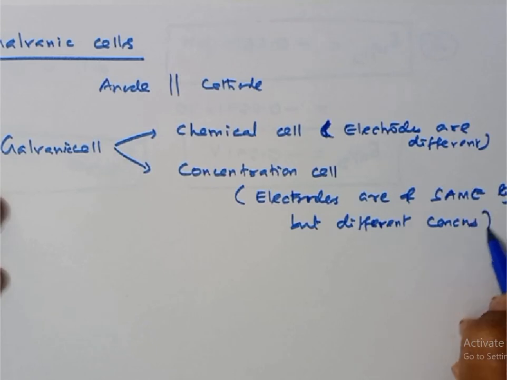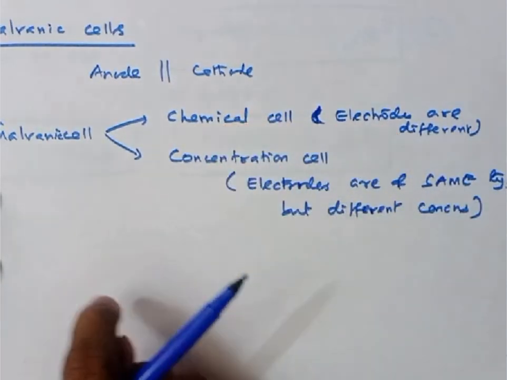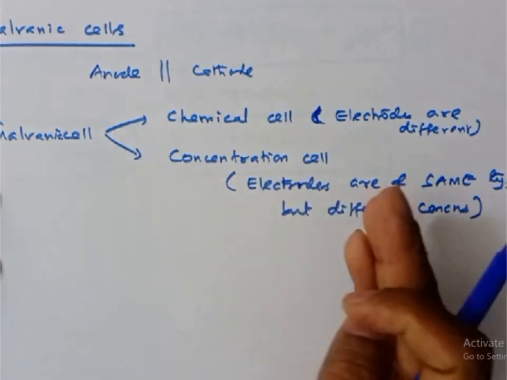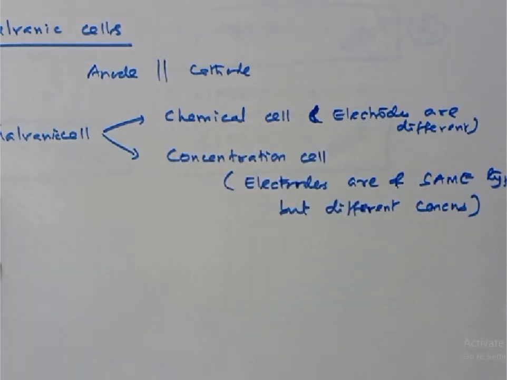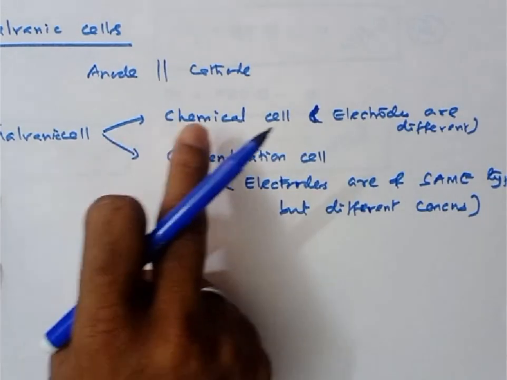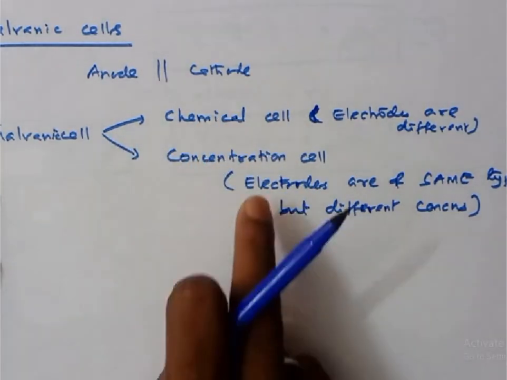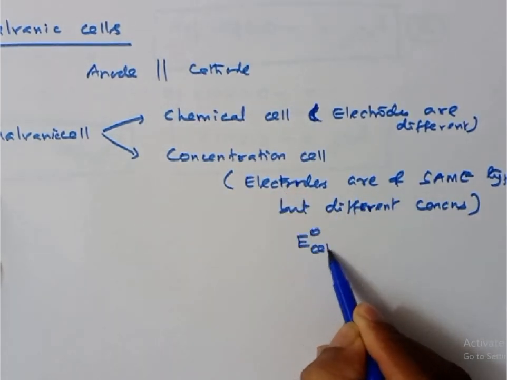If you have different electrodes, it is a chemical cell. If you have the same electrode as anode and cathode, but having different concentrations, then it is called a concentration cell. So remember, in galvanic cells we have two: chemical cell and concentration cell. In the case of a concentration cell, students, this is very important, E0 cell is 0.